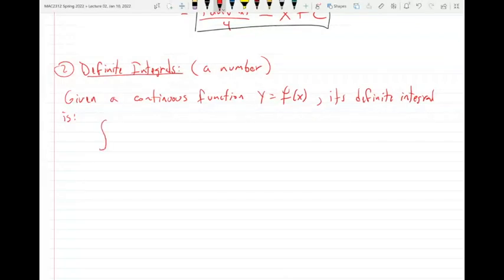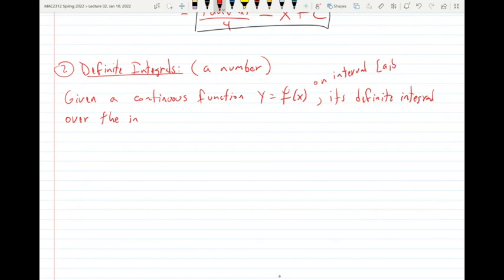You need to know an interval. So given a continuous function f of x on a closed interval a, b, its definite integral is the following. Everything has to do with an interval.